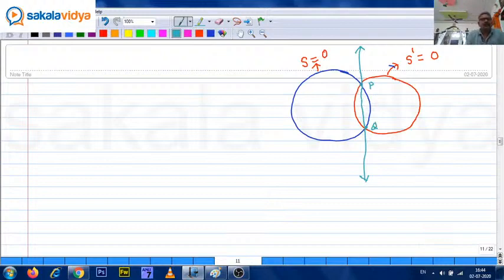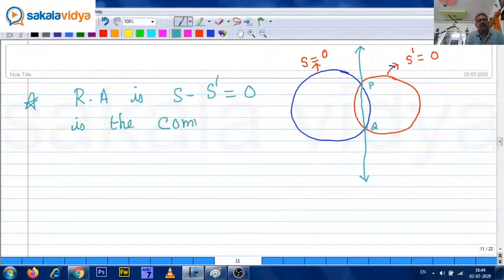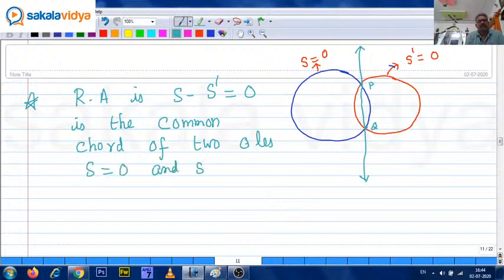So now here the radical axis, S minus S dash equals 0, is the common chord of the two circles S equals 0 and S dash equals 0.